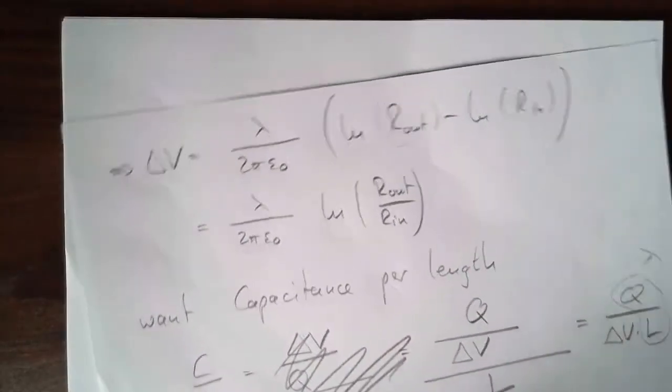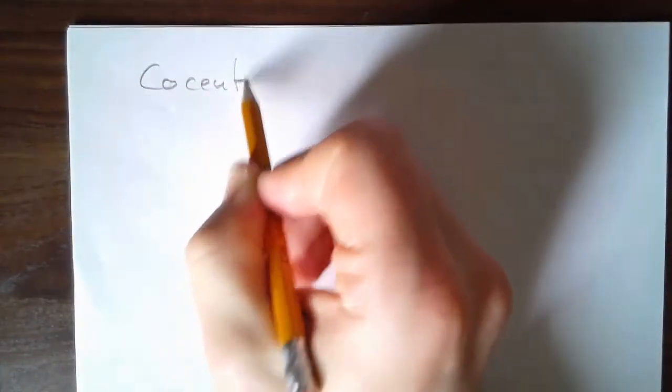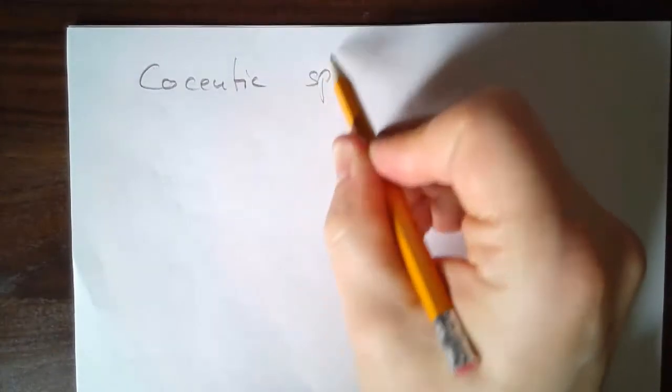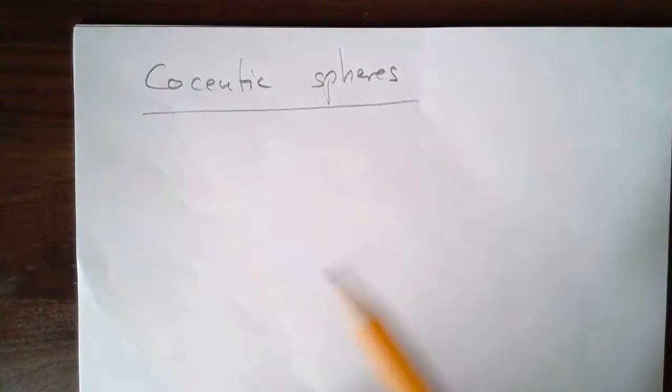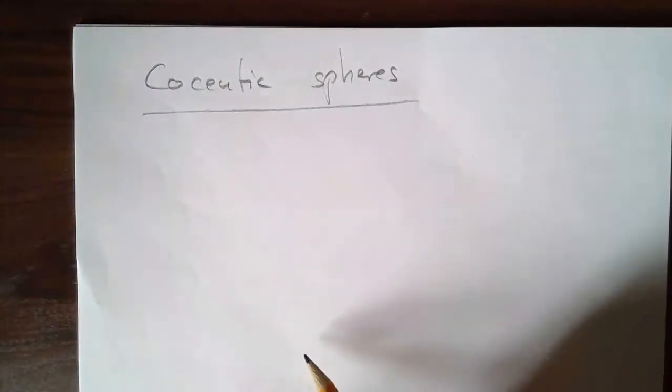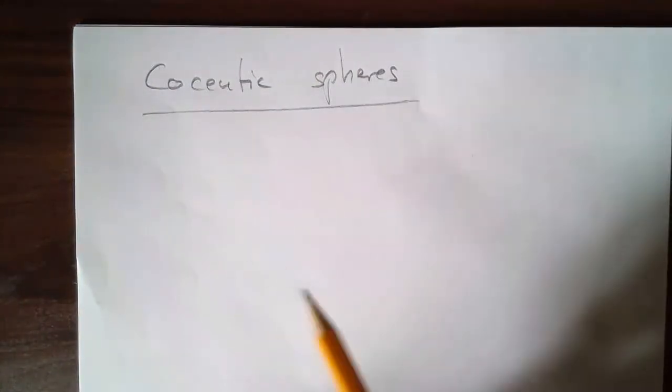Okay, let me now introduce two more examples, where I'm not going to go through all the steps. I'm going to leave it for you to figure it out. The next example are concentric spheres. Imagine you've got two spheres and you've got one inside the other, and realistically, it can't be a perfect sphere, the inner sphere must be somehow attached.